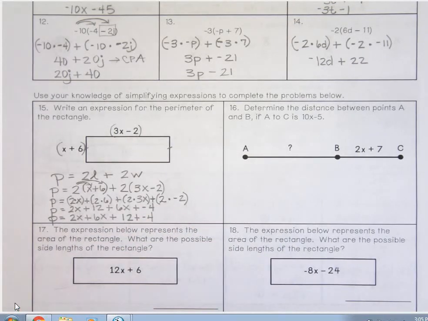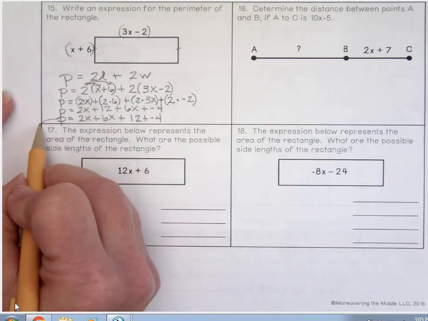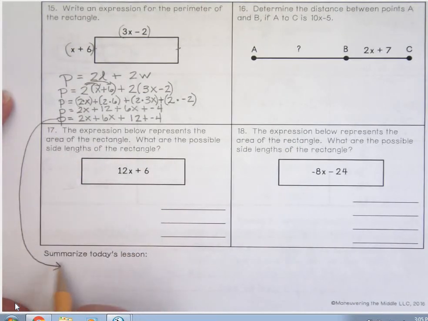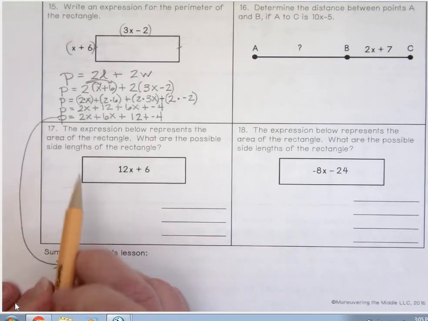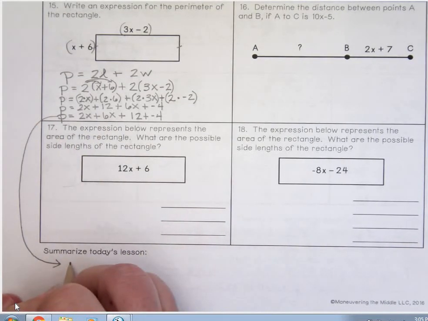Which now I'm running out of room, so I'm going to move down to the bottom of the page. And the commutative property allows me to focus on my factoring out the common factor to sum my coefficients.